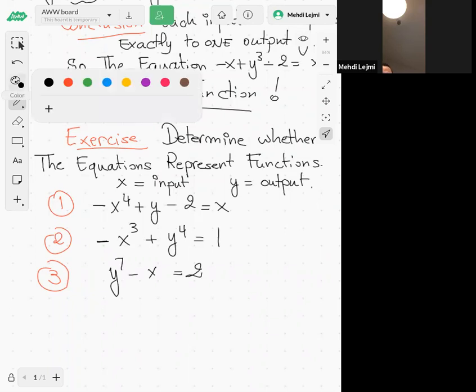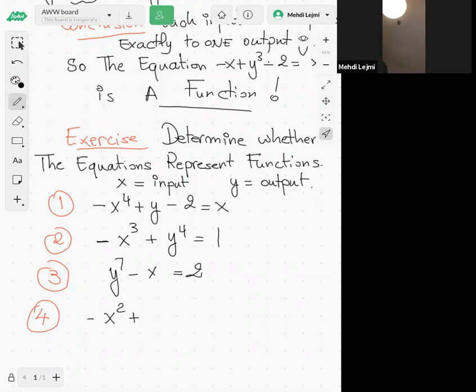And the last one, this is kind of a little bit tricky. Number 4: let's say minus x cubed plus y squared, let's say minus 2y, equal to positive 1. All right.